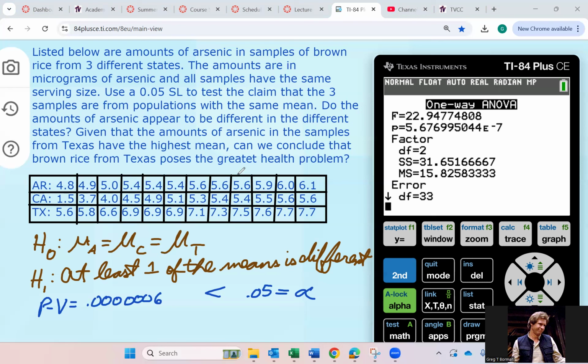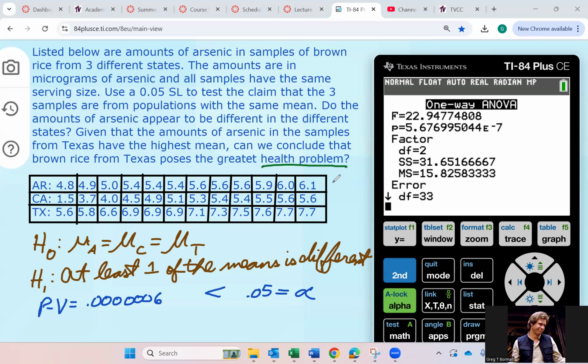Now, that's what the author says. I would go even further. When it asks, can we conclude that brown rice in Texas poses the greatest health problem? I would say no for another reason as well, although the author's reason was quite good. I misspelled greatest. Whoops.